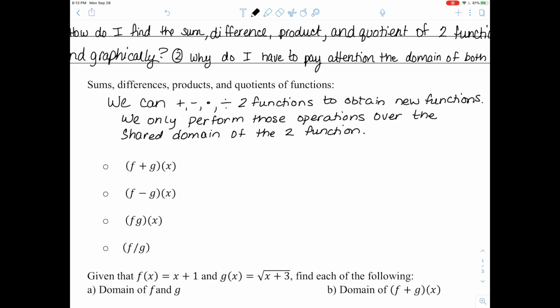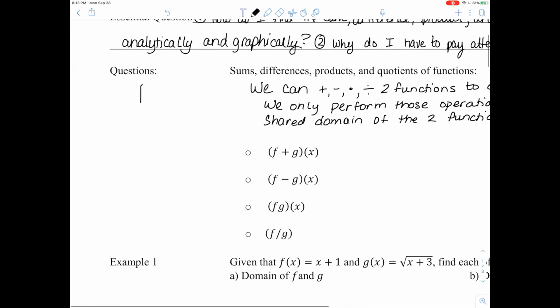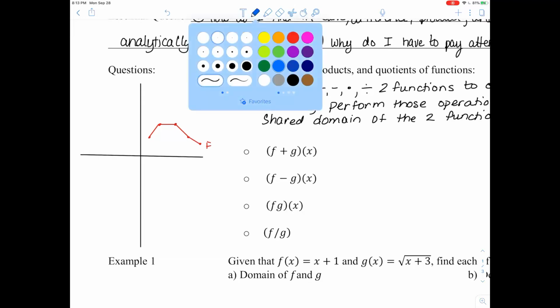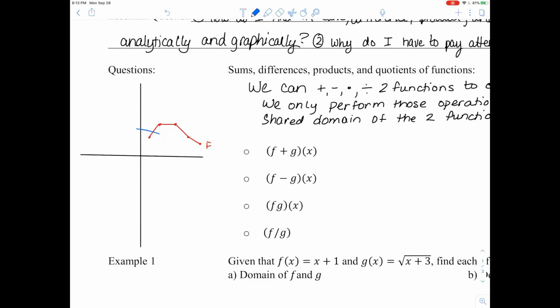So that is critical, right? Because if I were to take this graph here, I'm just going to draw a real quick picture. Let's say I have this graph and it looks something like this. It's this funky little function here, and that's going to be function f. And then I get another function that looks something like this, and that'll be function g. And I ask you to add those two functions.